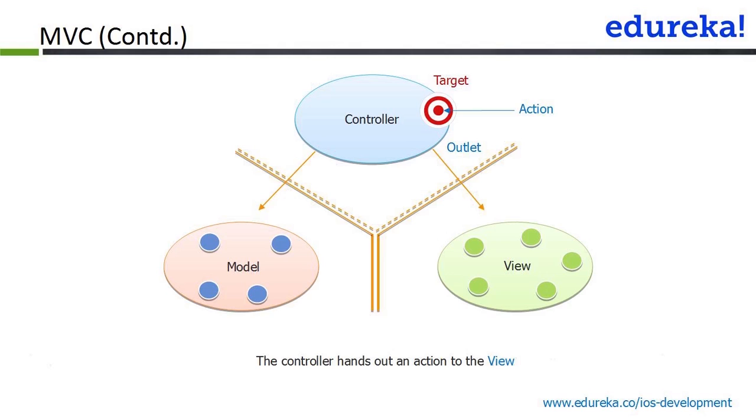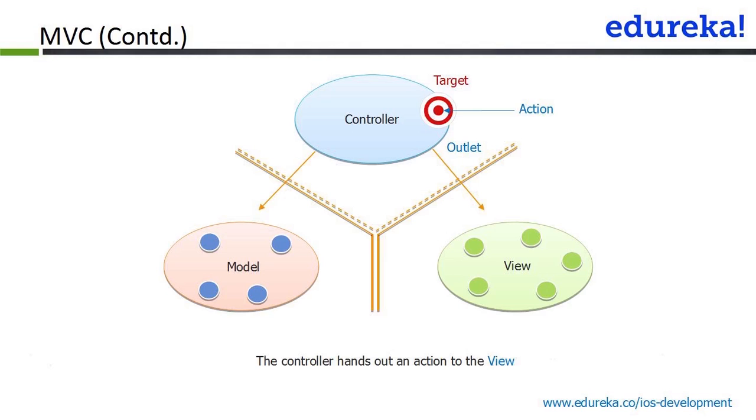So for example, if I have, say, a button on my view, say this is my user interface and I have a button here. What I do is I tie this button to my controller file using an outlet. And I say the action that has to be captured is the click of a button.